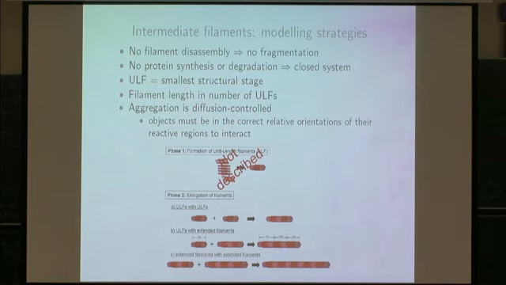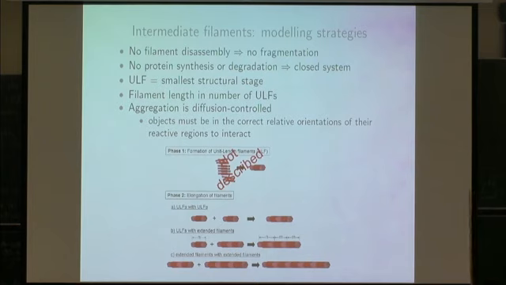The ULF is 60 nano, but due to the interdigitation it is going to contribute only 40 nano. So instead of having the length of filament in nanometer or micrometer, we are just going to count in number of ULF. So we are going to have discrete in size, so not continuous anymore in size for the coagulation equation.